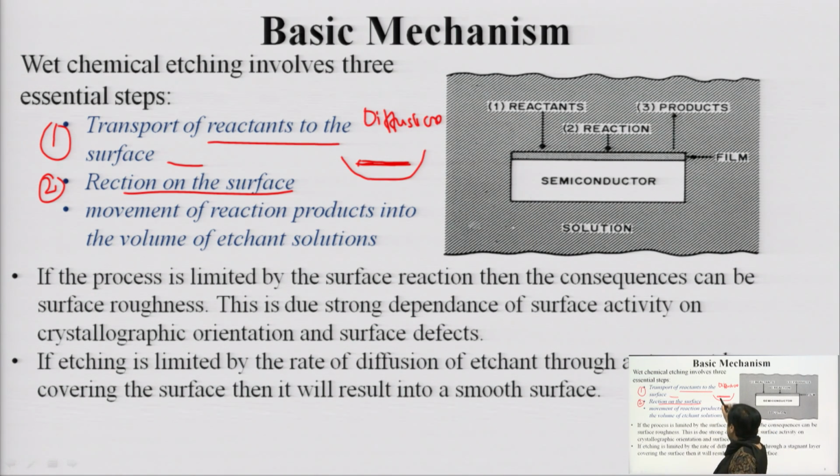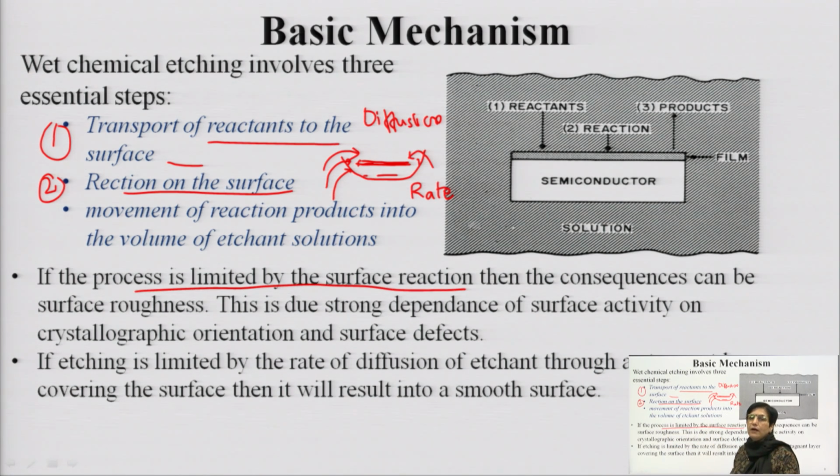Now, if I stir this liquid and make the extra species adjacent to it available for reaction over this stagnant layer, naturally the next step of etching will then depend upon the rate at which the reaction is happening. That means the process will then be limited by the surface reaction.